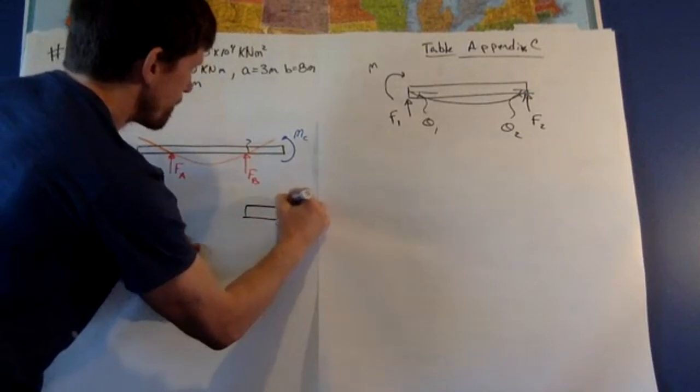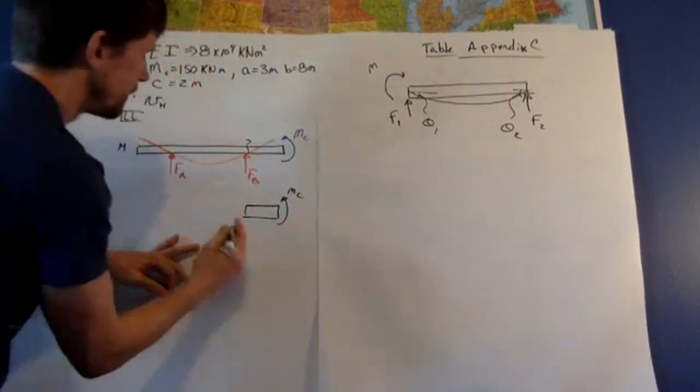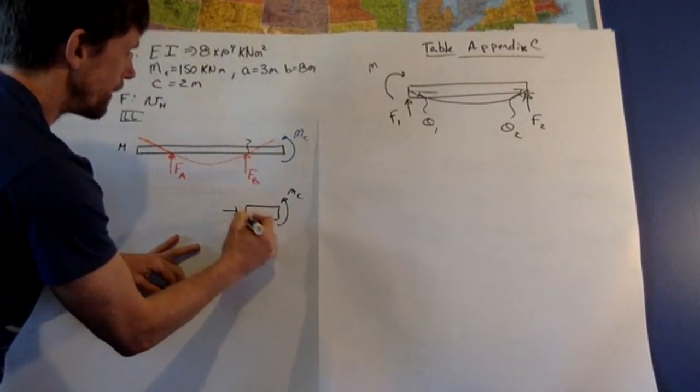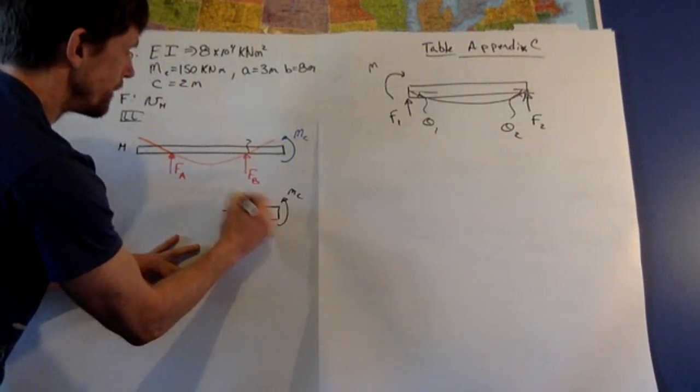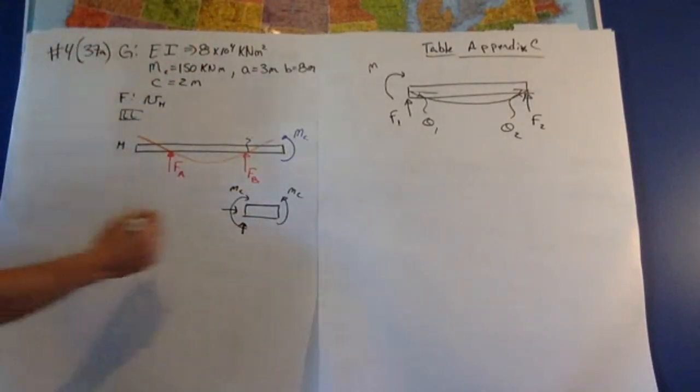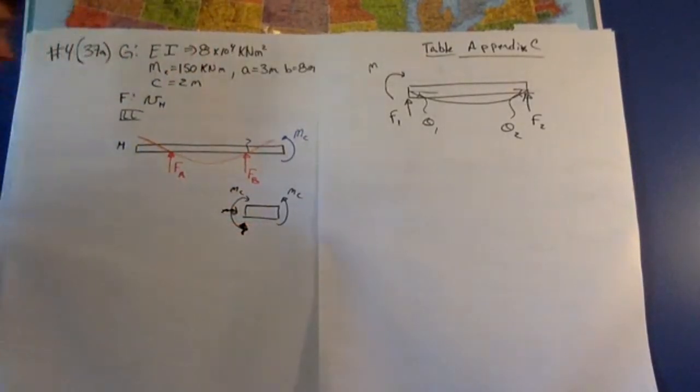So we have MC. We have nothing there, no other force there, so we'd have to have an MC here as well. Does that make sense? So this is 0. No other force. That's 0 too. Does that make sense?